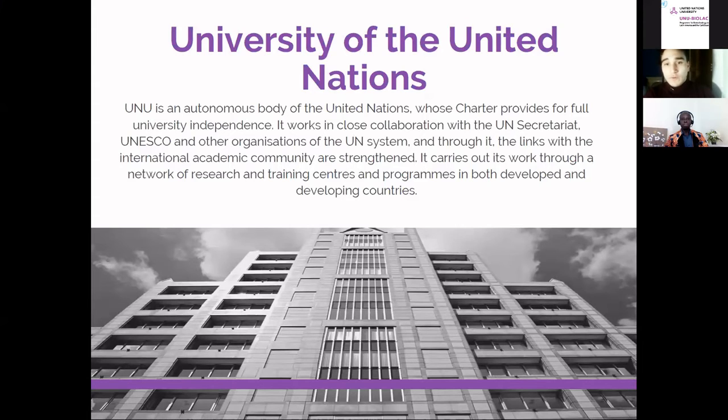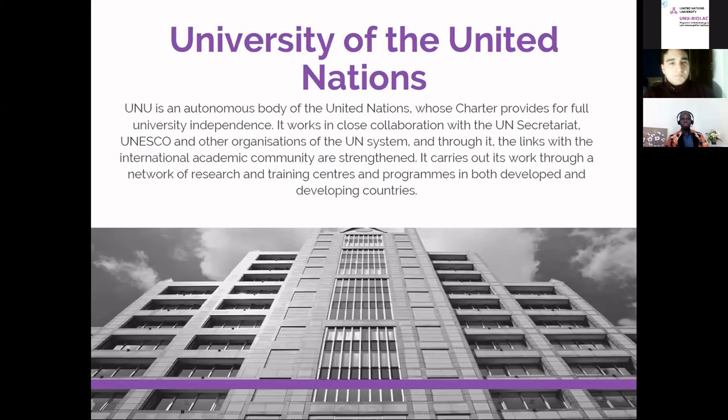Meanwhile, the UN system is composed of different specialized agencies such as UNICEF, UNESCO, and the WHO, for example. And the United Nations University is part of this UN system, in which we work together with them, but we are not part of them.